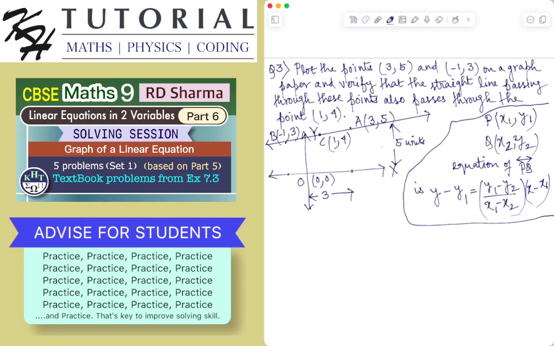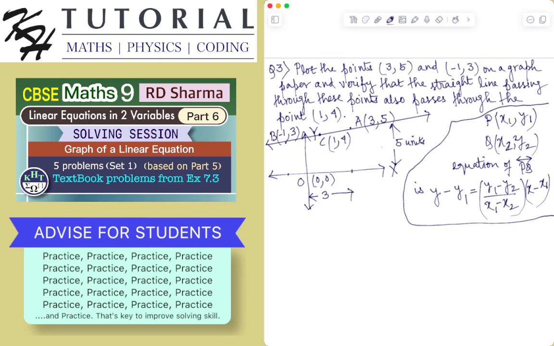If the two given points are P and Q with coordinates x1 comma y1 and x2 comma y2, then the equation of the line that passes through P and Q will be y minus y1 equals y1 minus y2 divided by x1 minus x2. It could also be y2 minus y1 divided by x2 minus x1, it will be the same, multiplied by x minus x1.